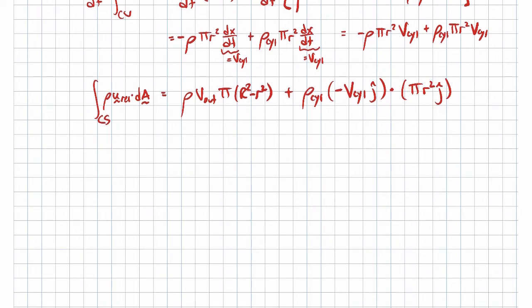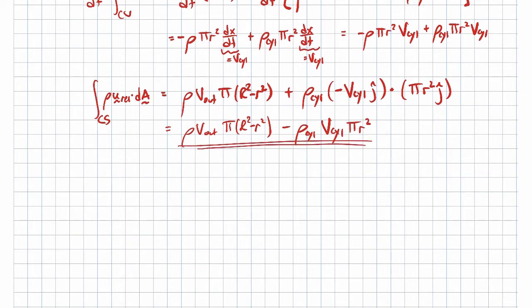Now we can simplify this, and then this term will be a negative rho cylinder v cylinder times pi r squared. All right, so that's now our net mass flow rate out of the control volume expression.